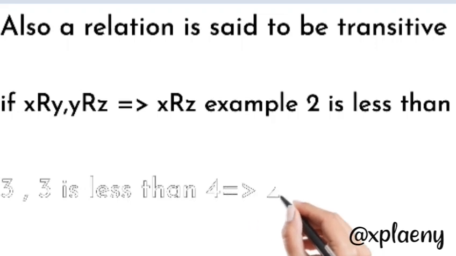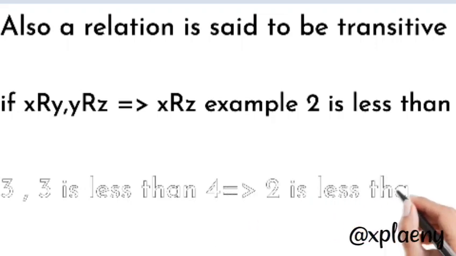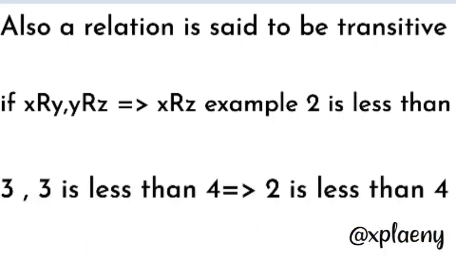Then this tells us that 2 is also less than 4. So the term is less than is the relation between 2, 3, and 4. So it is said to be transitive. If we write it as a set of ordered pairs, this will be (2, 3), then another one (3, 4). So we'll say this is transitive.